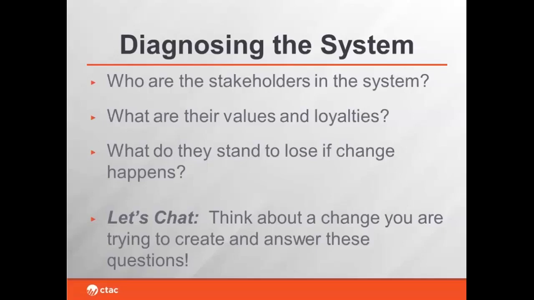What would happen if you wanted to make your organization an anti-racist organization? What stakeholders in the system would stand to lose something if that actually happened? Who might lose power? Who might lose influence? Who might lose resources if that happened?